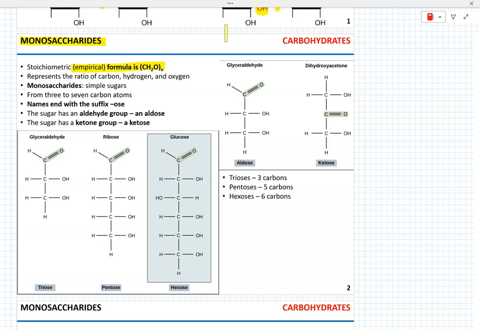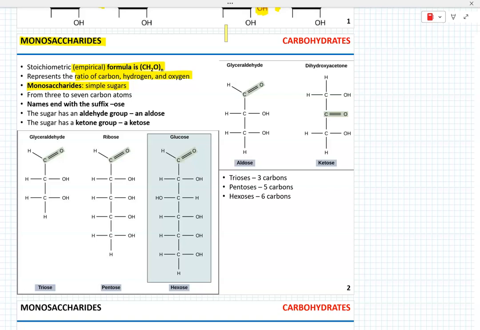And this empirical formula represents the ratio of carbon, hydrogen, and oxygen atoms in a monosaccharide molecule. So monosaccharides are simple sugars. It means that they cannot be broken down into smaller sugars.